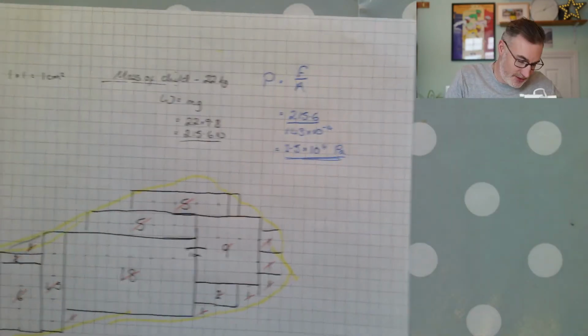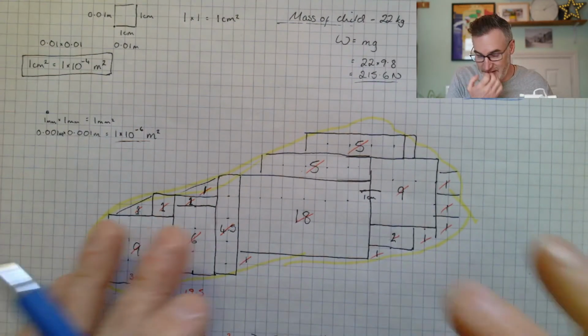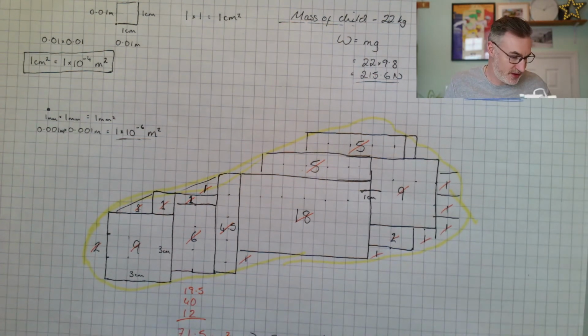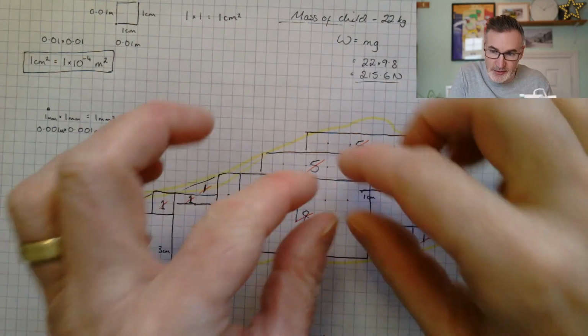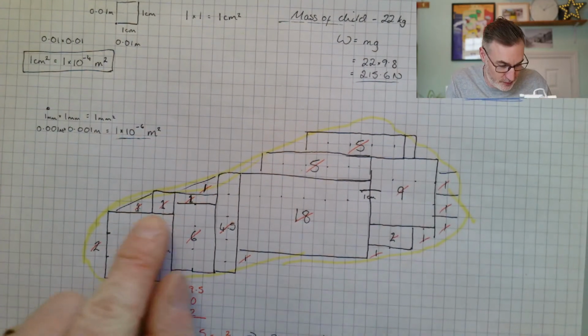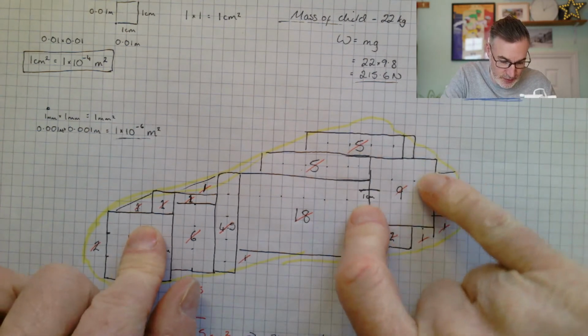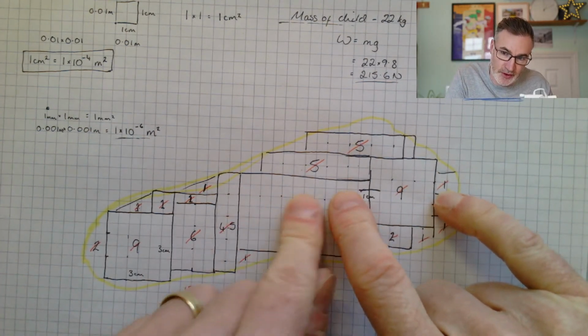In real life, this isn't really going to be the case, because it's going to be a bit more complex than that. She's not going to stand with an equal pressure throughout all of her feet. There'll be more in her heel and more across the ball of her feet, some with her toes, but then a lot less with the arch of her foot.